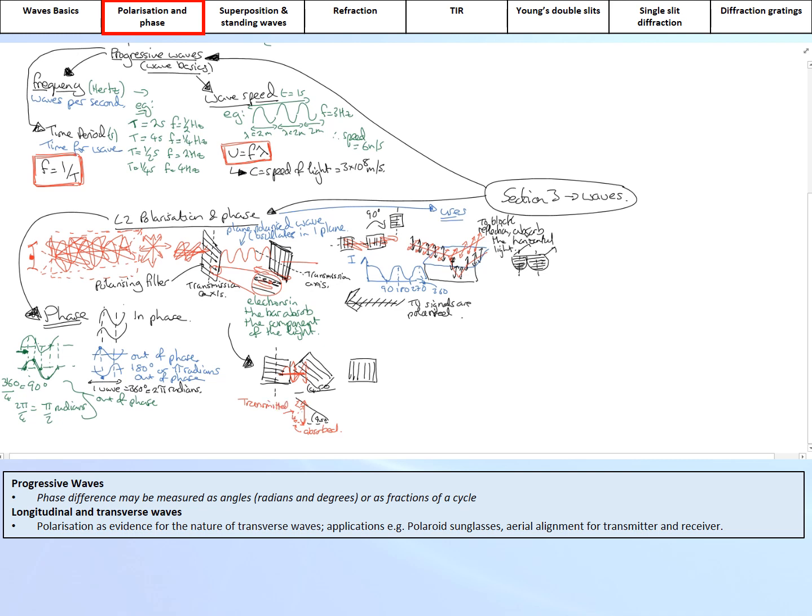Now, let's have a look at what happens next. We've got a transmitted component, that bit there, and now we have vertical lines like this. Again, if we split that component into a component at right angles to it and parallel to it, you see that bit's absorbed, but there is still a component here that is transmitted.